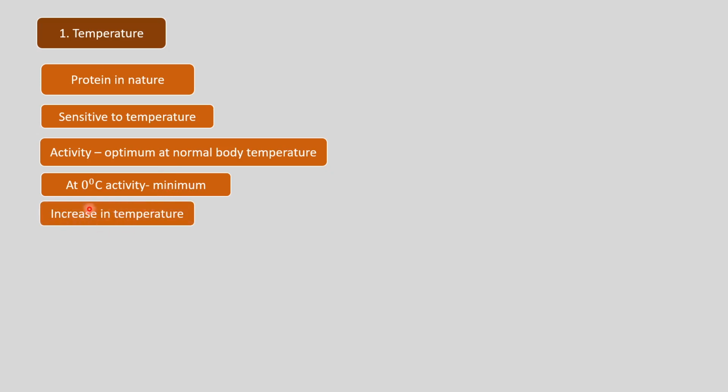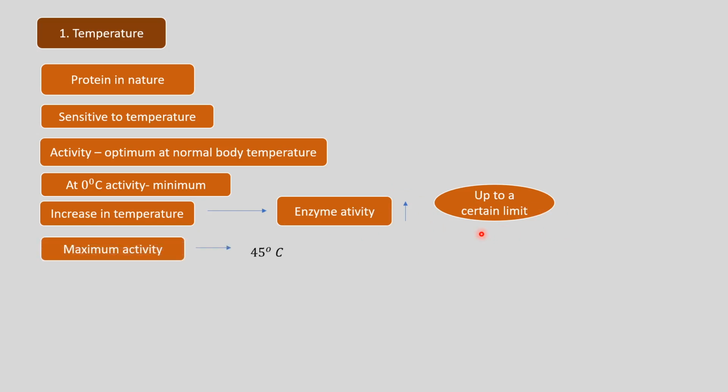And when there is an increase in temperature, the enzyme activity is going to increase, right? But this will happen only up to a certain limit. With the increase in temperature, obviously the enzyme activity will increase, but there would be a point when the limit will come. So maximum activity is observed at 45 degrees Celsius, after which the activity gets retarded.